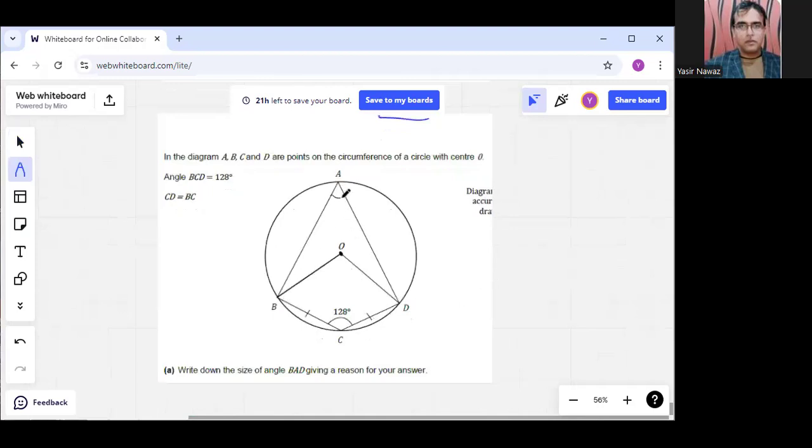BAD. So for this kind of question, because it is a cyclic quadrilateral, if this is 180, that would be 180 minus 128, so it's 52. So that angle would be 52.